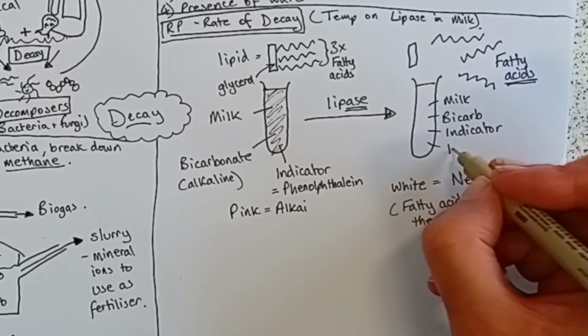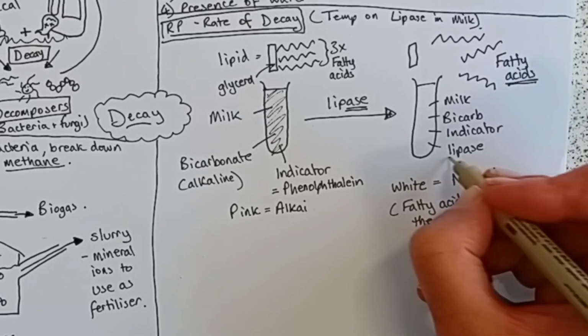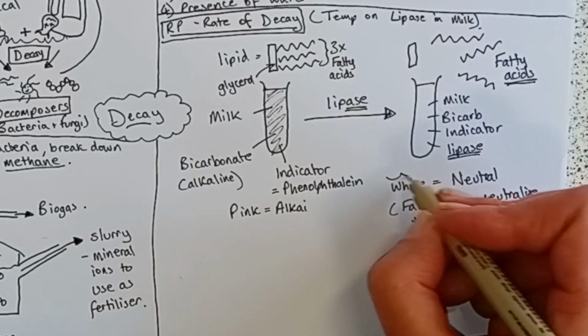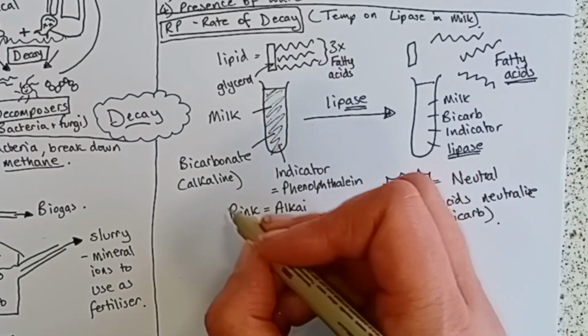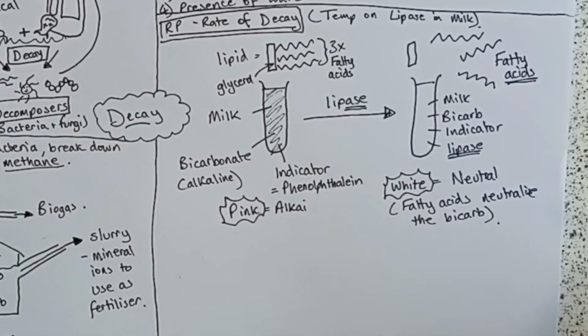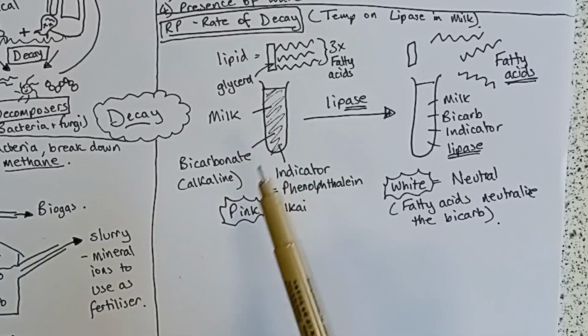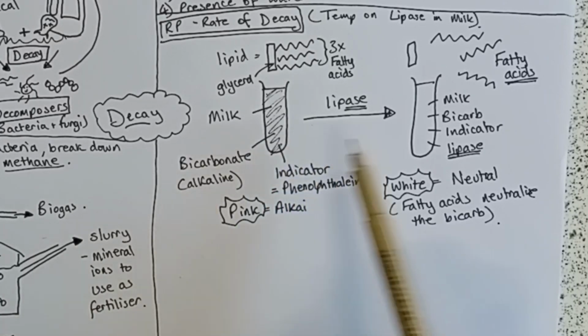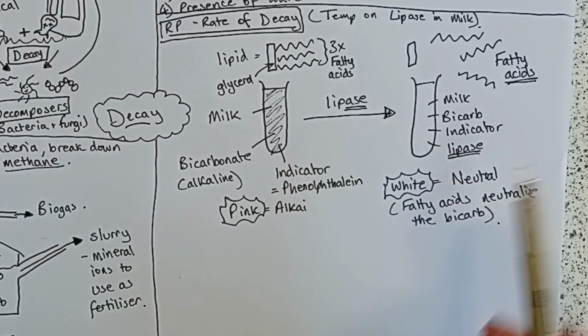You've now got lipase as well. And so it goes white. So in this experiment, we're going to time how long it takes for this indicator to stop being pink and go white.